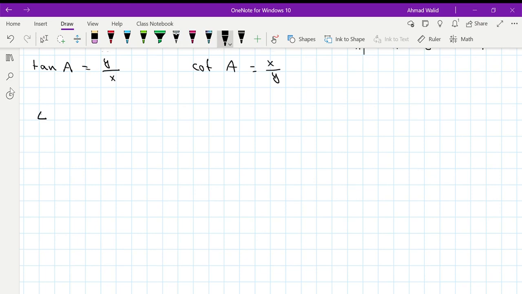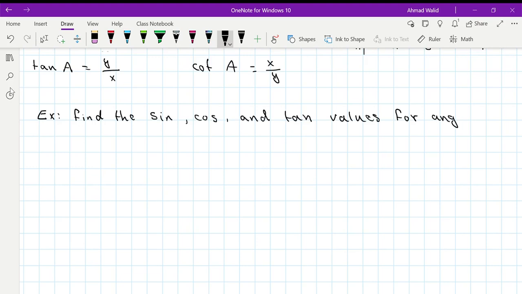Example number 1. Find the sine, cosine, and tangent values for the angles A and B. A and what?